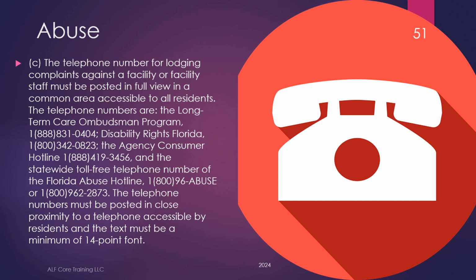The telephone numbers are the Long-Term Care Ombudsman Program, 1-888-831-0404; Disability Rights Florida, 1-800-342-0823; the Agency consumer hotline, 1-888-419-3456; and the statewide toll-free telephone number of the Florida Abuse Hotline, 1-800-96-ABUSE or 1-800-962-2873.